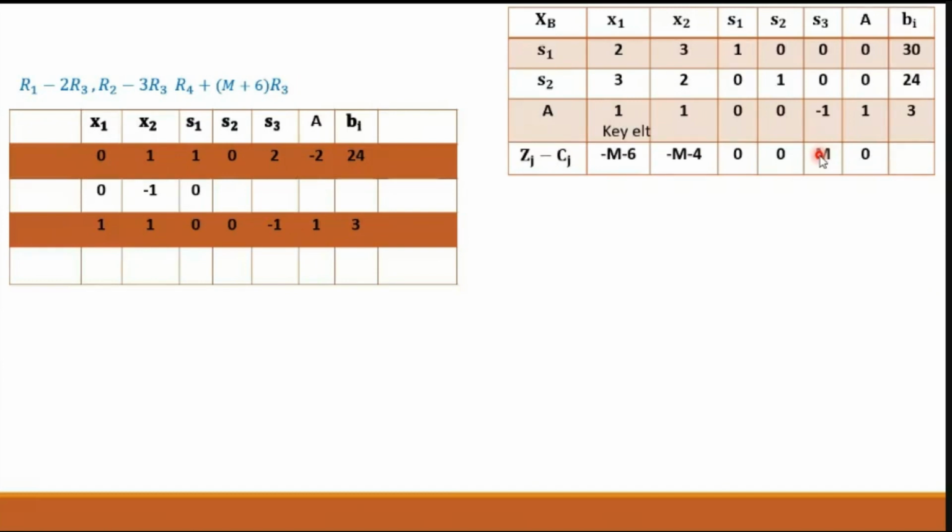Fourth element 1 minus 3 into 0, that is again 1. Then 0 minus 3 into -1, that is 3. 0 minus 3, which is -3. And the last element will become 24 minus 3 into 3, that is equal to 15. Okay.